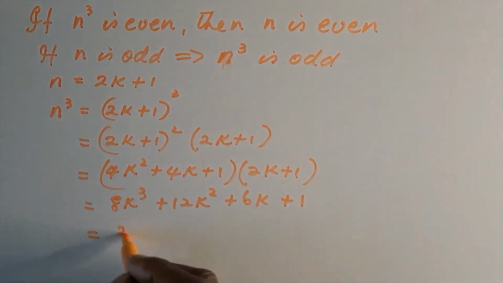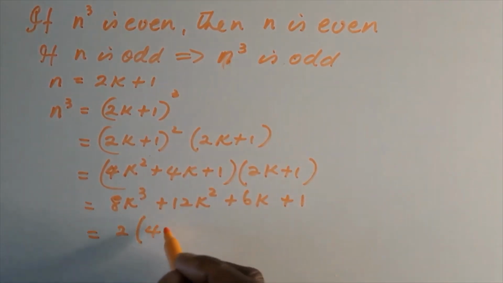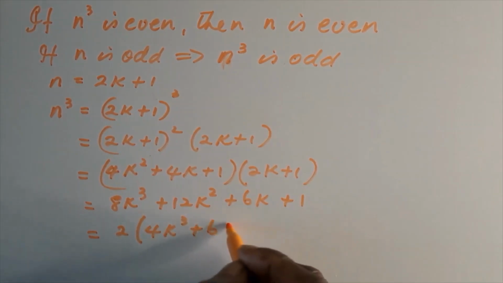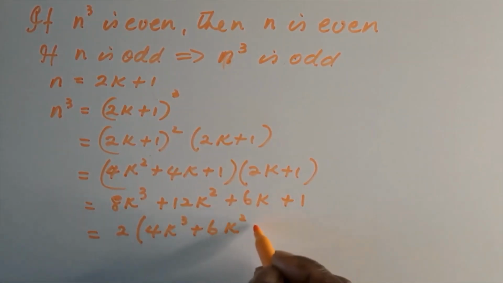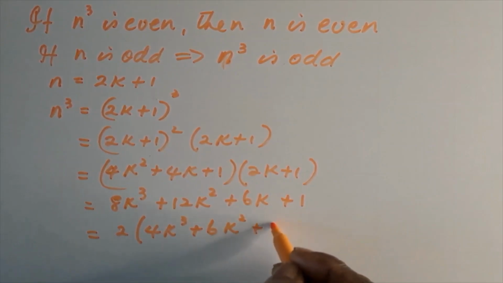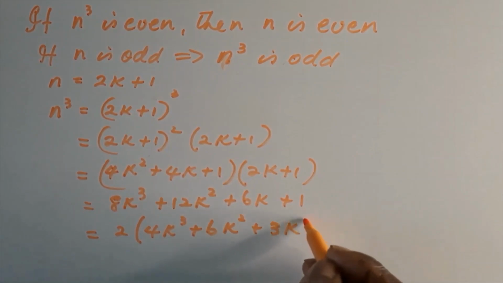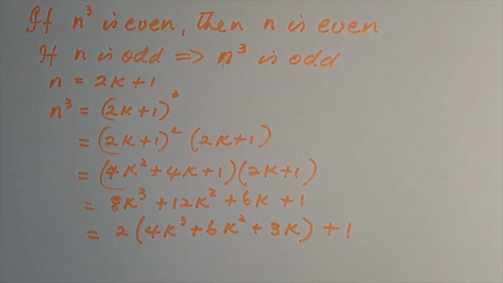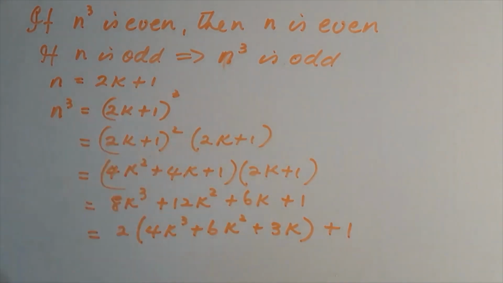If we factorize this, we have 2 times (4k cubed add 6k squared add 3k) add 1. Now this is an integer, and so we've proved that the result n cubed is odd if n is odd.